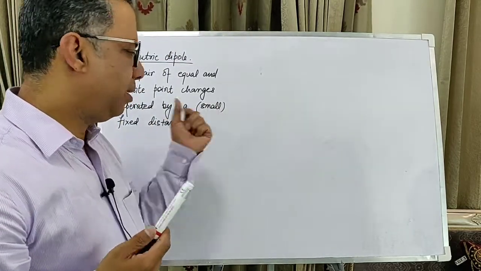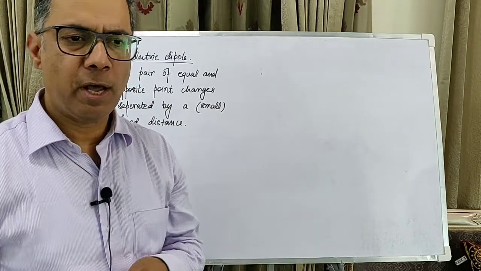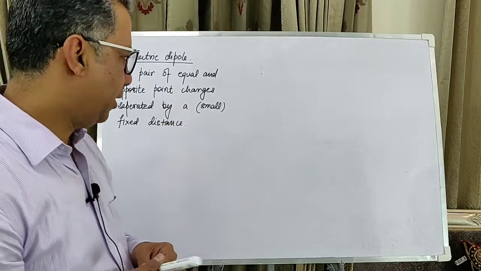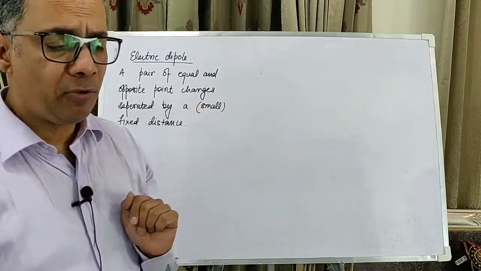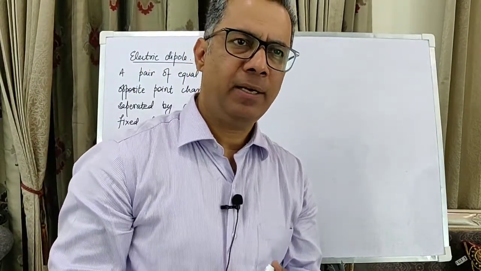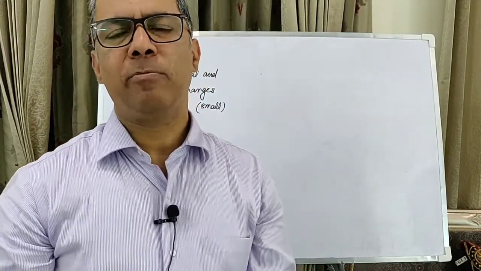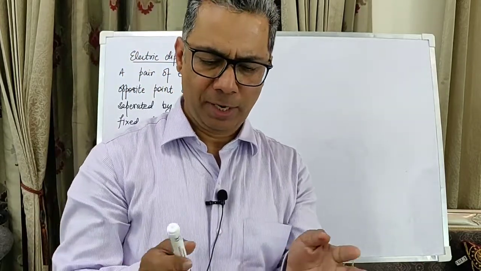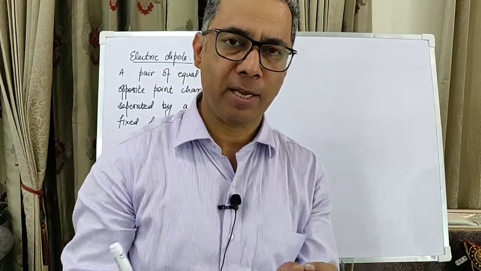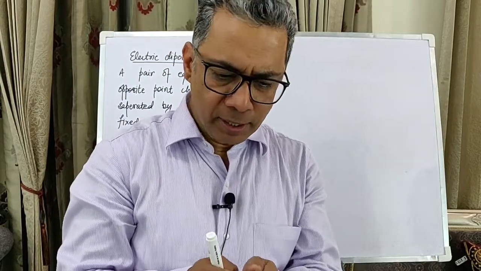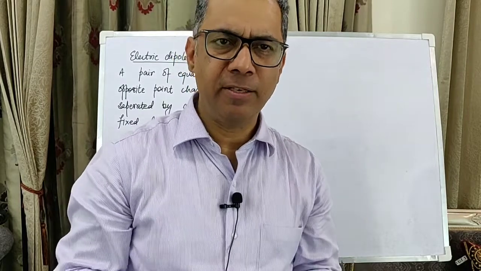Usually, as I said, the distance between these two equal and opposite charges is a small distance, and why is it small? Because most of the dipoles that we are accustomed to in our lives come from molecules, and in molecules where you have some charge separation, some ionic character, the positive and the negative charges are separated by very tiny distances.